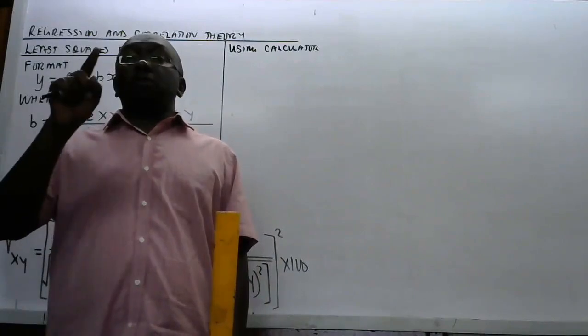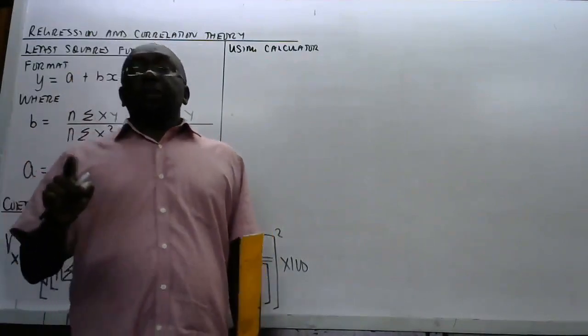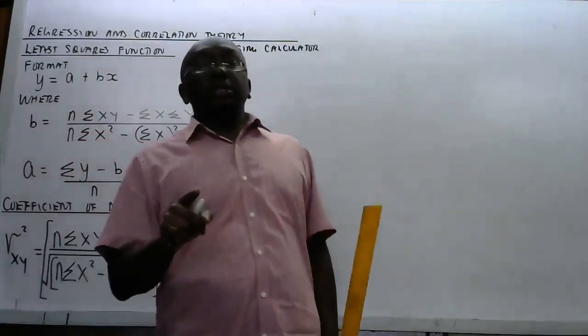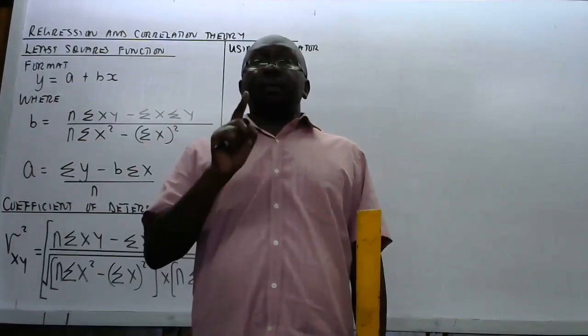You press mode until you see REG. You press the number below REG so that you see LIN. You press the number below it.